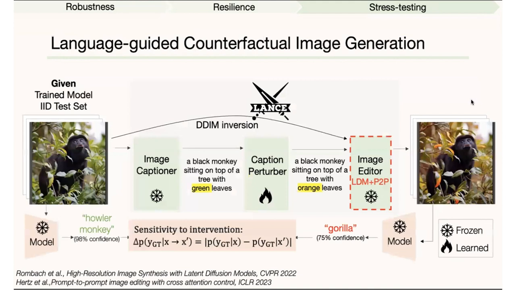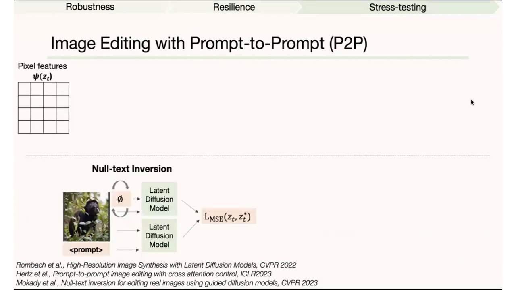And finally, for the targeted editing, we use a latent diffusion model with prompt-to-prompt editing. As a really brief primer on this, to do prompt-to-prompt editing on real images, you first need to invert images to latent space.